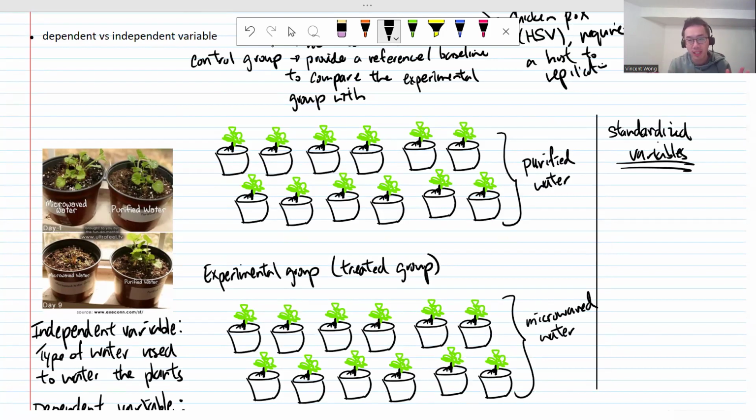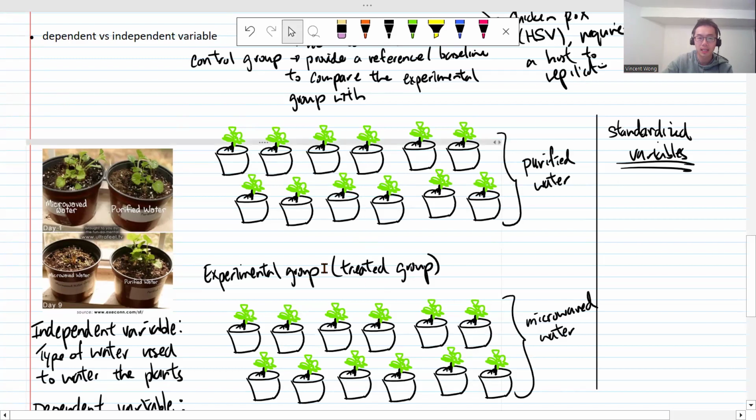The purpose of having standardized variables is so that when you do see a difference between the groups, you know the difference is caused by the change in the independent variable. Meaning, if I see that the experimental group plants all die, but not the control group, I know it was because of the microwaved water and not anything else.